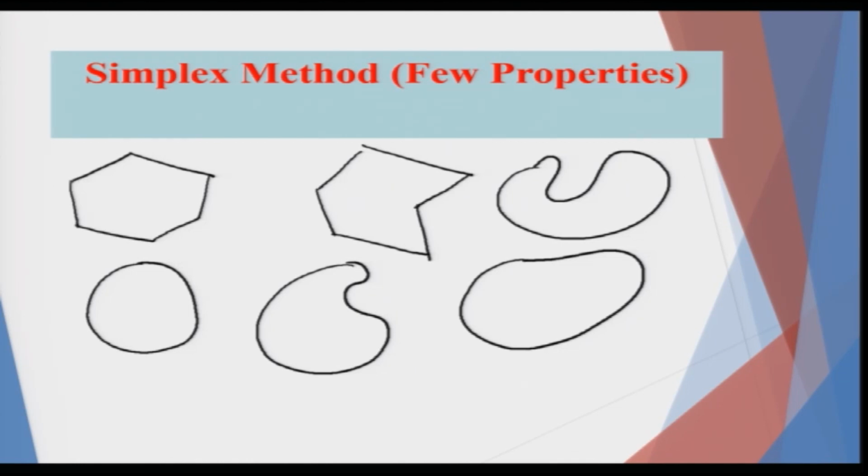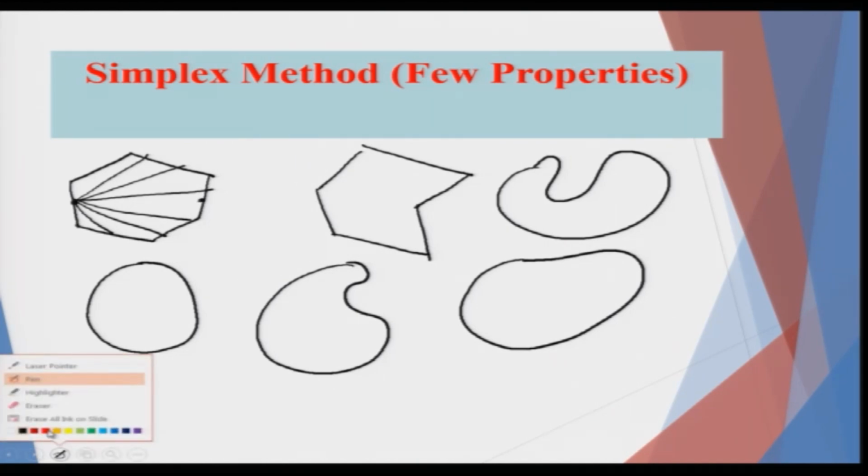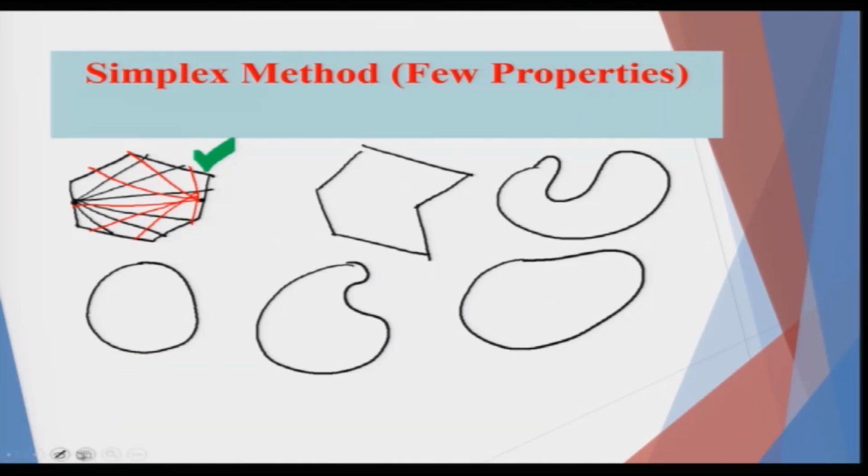If you join any 2 points, I will use another color, join any 2 points, this is always inside the overall region. So, it is convex. Let me put a tick mark, using the red color, it will be easy.